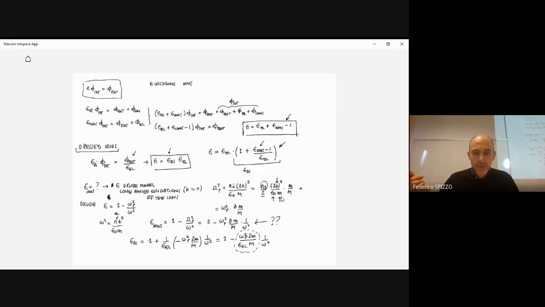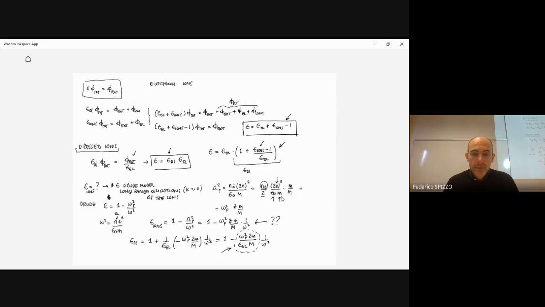So due to the electron screening, the range of interaction of interionic forces is not infinite, but is reduced to a shorter length. And if you notice here, in this ratio, the omega squared of plasma is divided by the dielectric constant of the electrons.